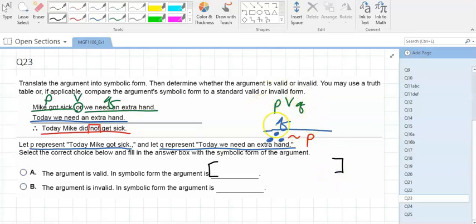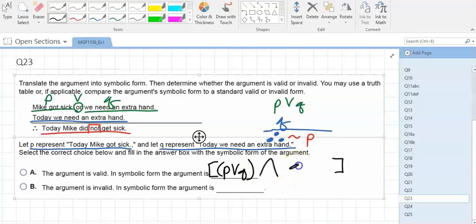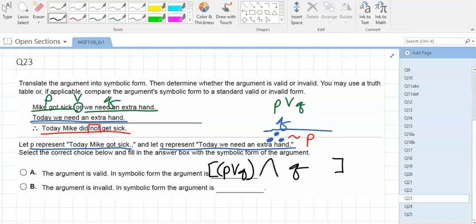Each statement that is up here is really like in its own parenthesis, and they're separated by ands. So my first parenthesis looks like P or Q. And then there's an and. And then you write your second statement, which is Q. So that's the first part.